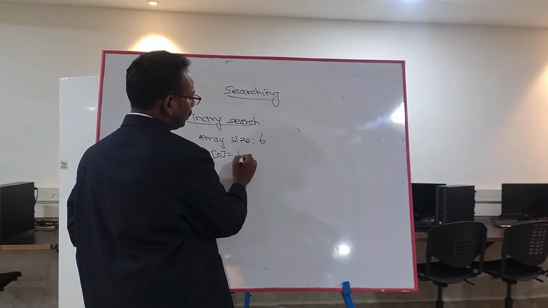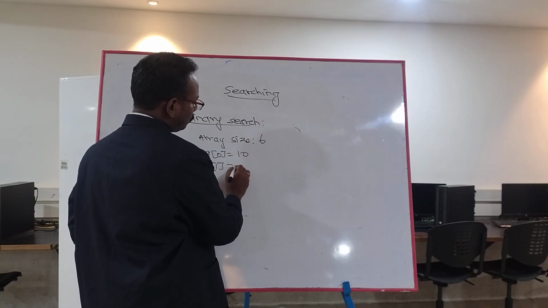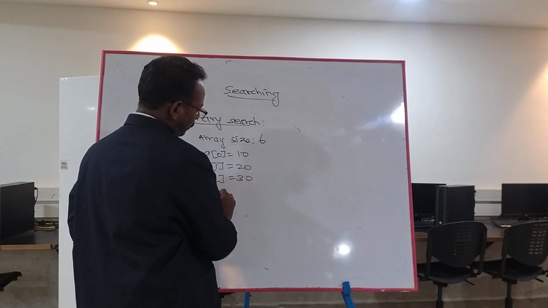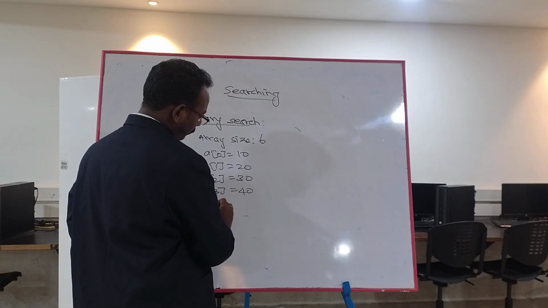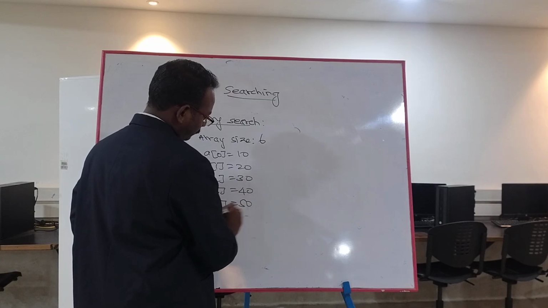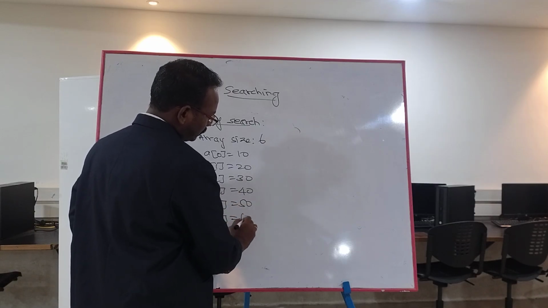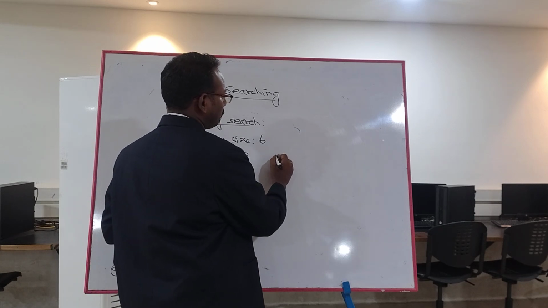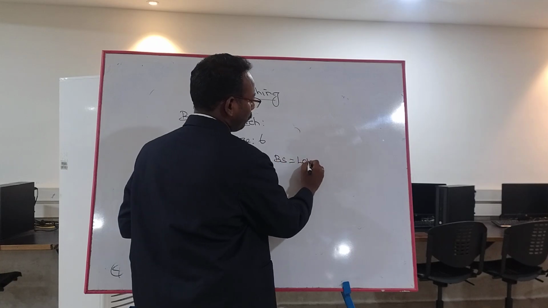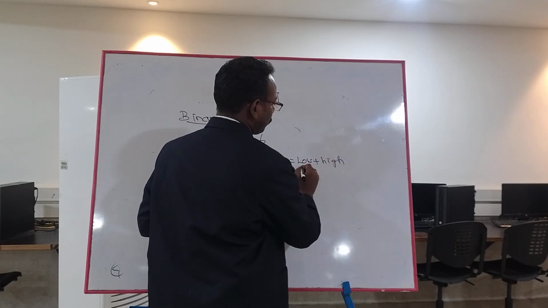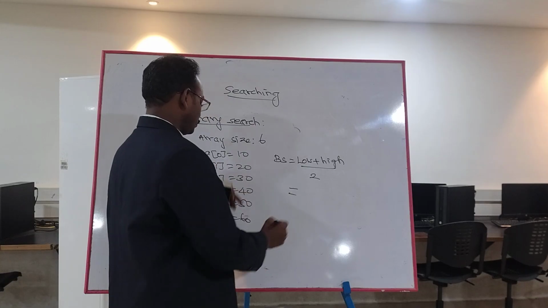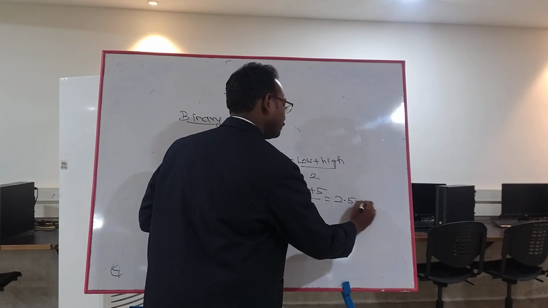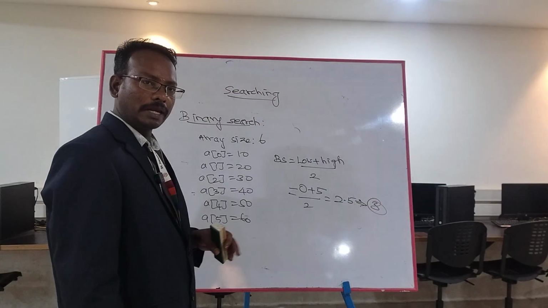Array of 0 is 10, array of 1 is 20, array of 2 is 30, array of 3 is 40, array of 4 is 50, array of 5 is 60. The mid is low plus high divided by 2. Low is 0, high is 5, divided by 2 gives 2.5, rounded to 3.